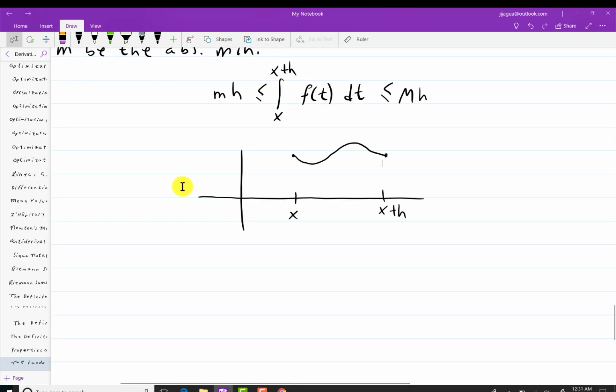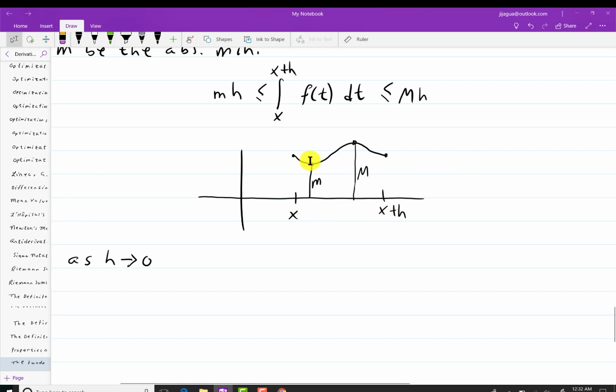Well, what happens as h goes to 0? What do you think is happening to this here, which would be little m, and my picture has changed from the previous one. Say this here is capital M. Well, what happens as h goes to 0?